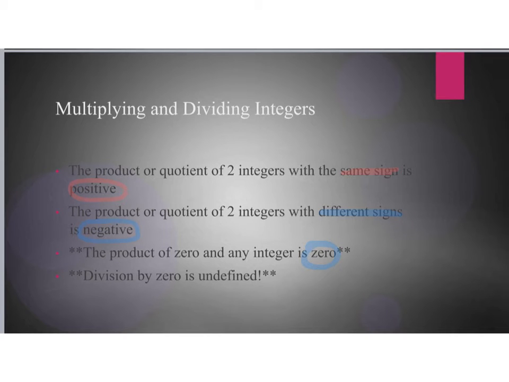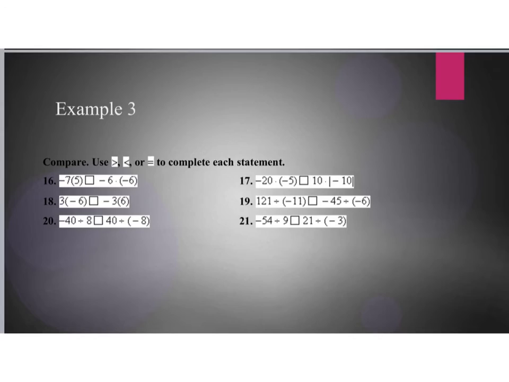And please remember that you cannot divide by 0 because it will give us an undefined answer. Like if I did 3 divided by 0, this cannot happen. If you try this on a calculator, it will give you an undefined answer or tell you that it can't be done.